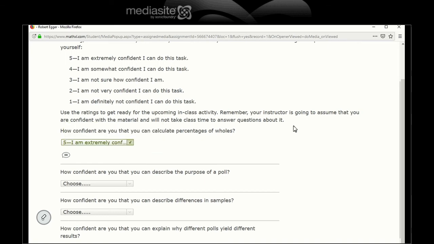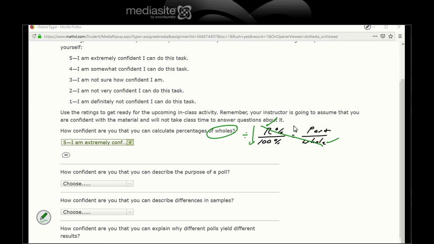I basically always use the setup: a part over the whole, and of course, the percentage of wholes, which means this number is given and that number is given. So ultimately, what we end up doing is just multiplying those two numbers together and then dividing by 100.